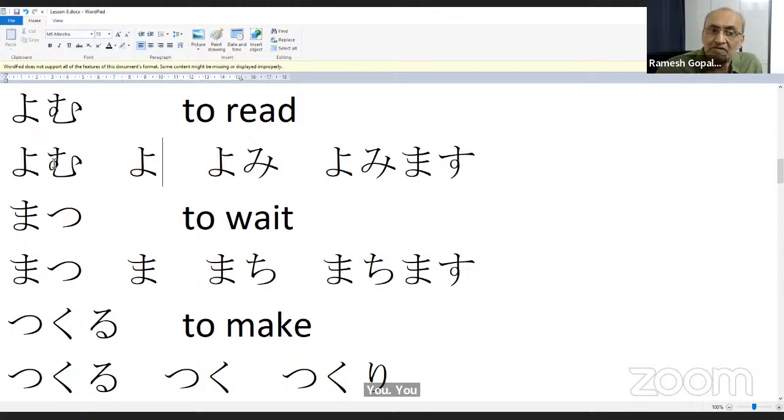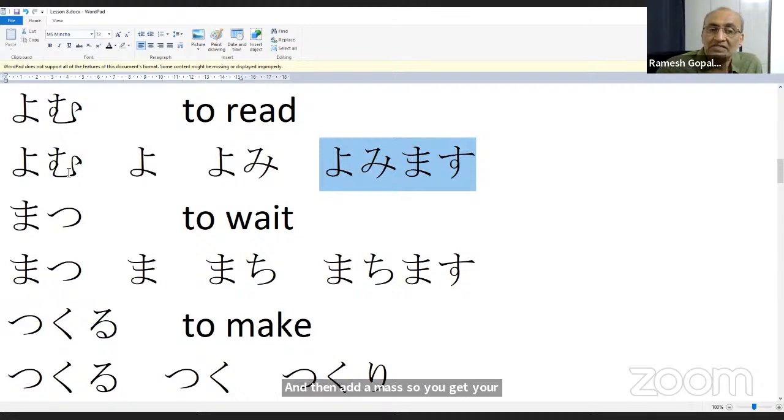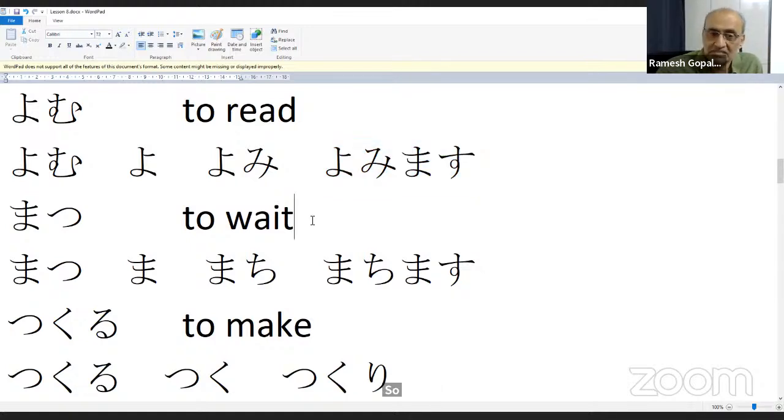Me is the corresponding e sound, step by step. Okay, step after step. Don't jump. Yo, add me. And then add mas. So you get yomimas. What is the dictionary form? Yomu. What is the mas form? Yomimas. Okay, next.